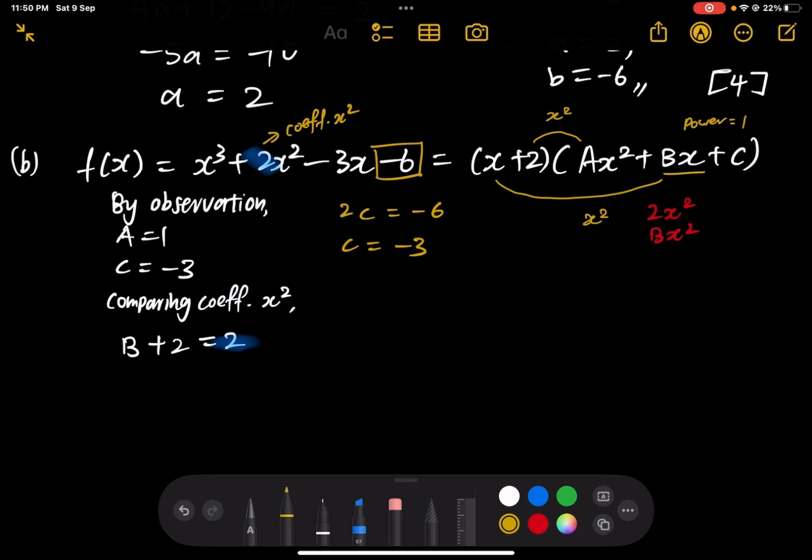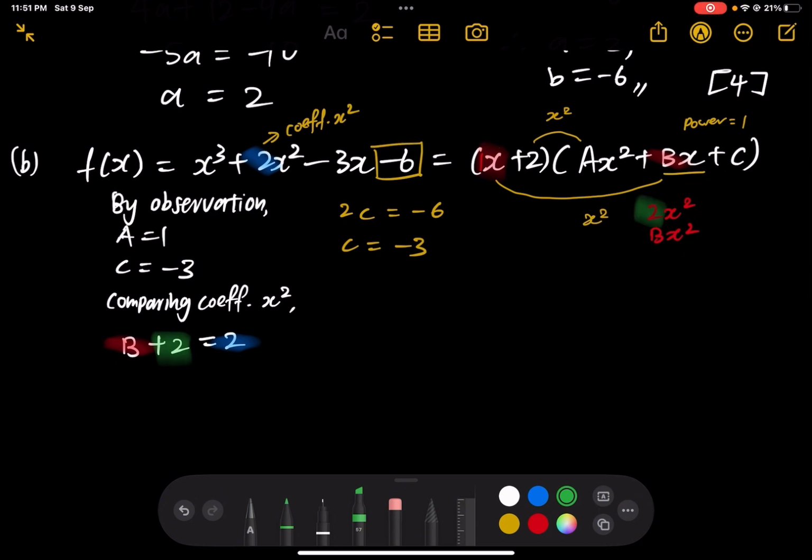Where did I get my b from? b is my coefficient of x here when I compare it with x, because it's an invisible 1 here. Next, where did I get my 2 from? I got my 2 from here.